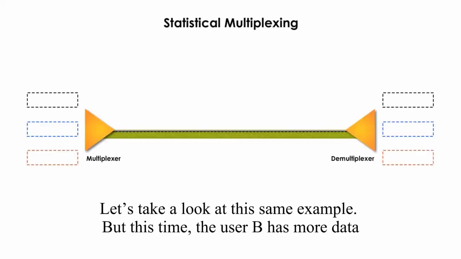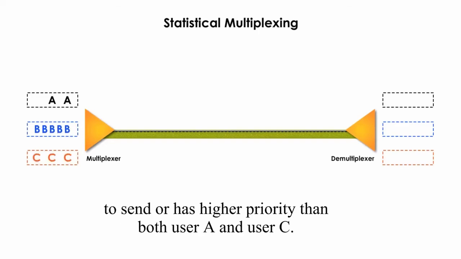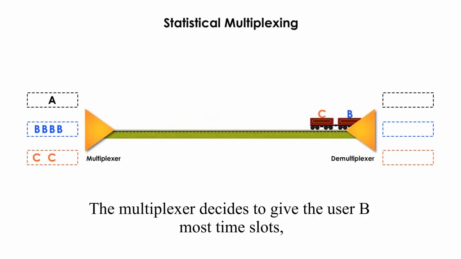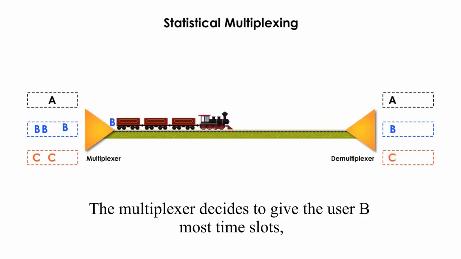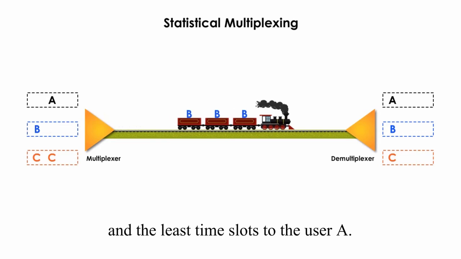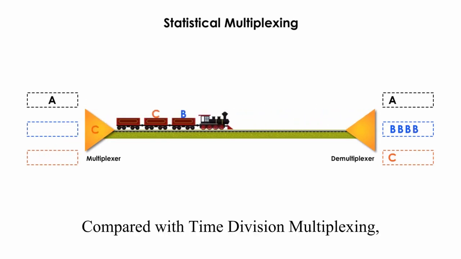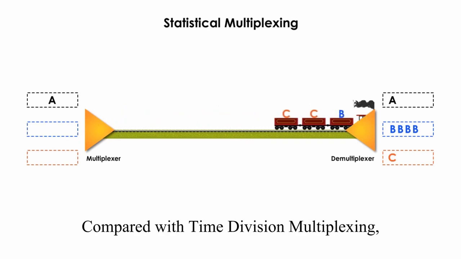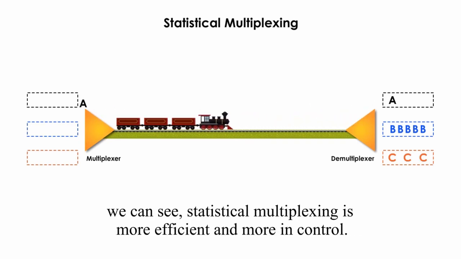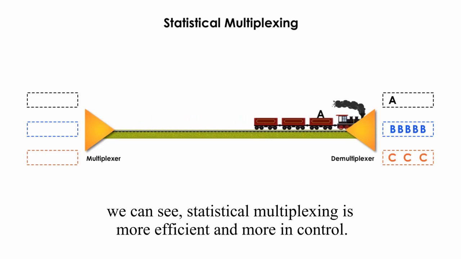Let's take a look at the same example, but this time user B has more data to send or has higher priority than both user A and user C. The multiplexer decides to give user B the most time slots and user A the least. Compared with time division multiplexing, we can say statistical multiplexing is more efficient and more in control.